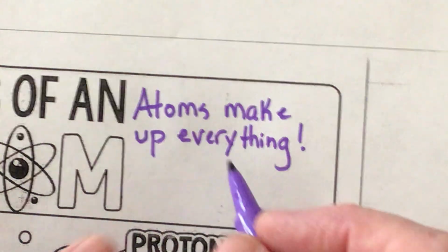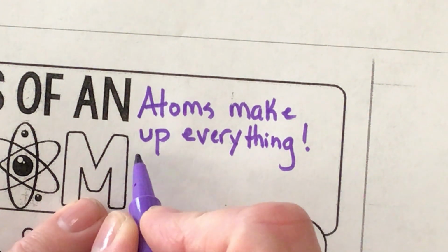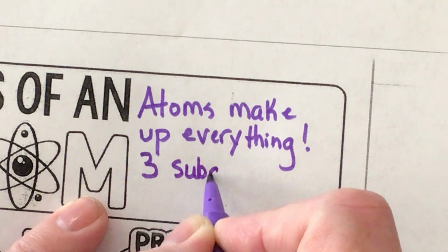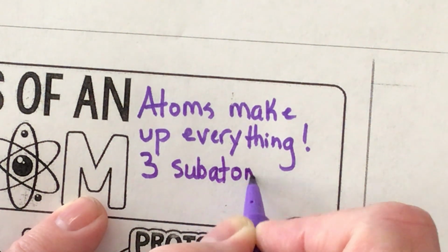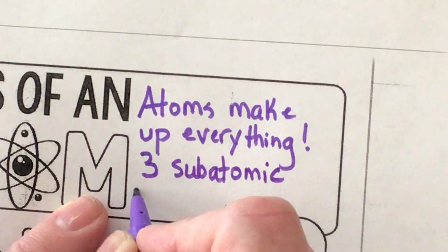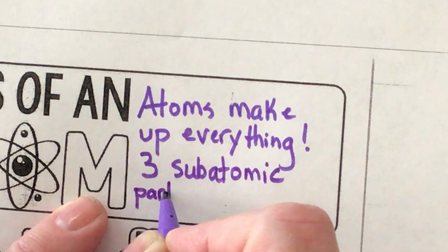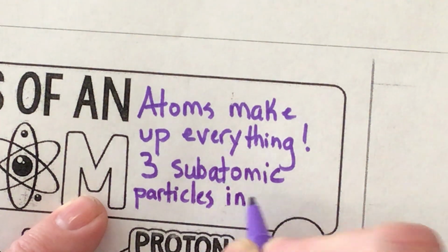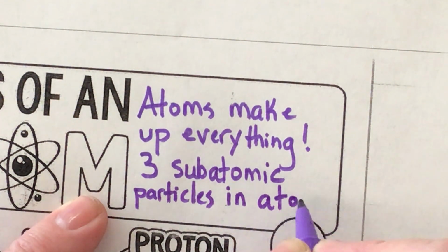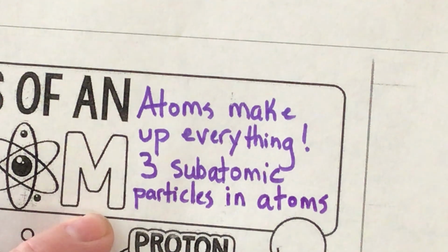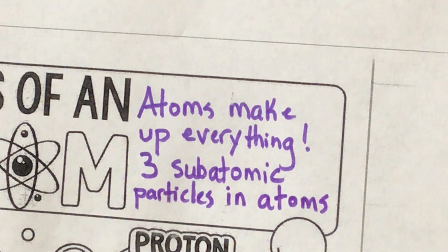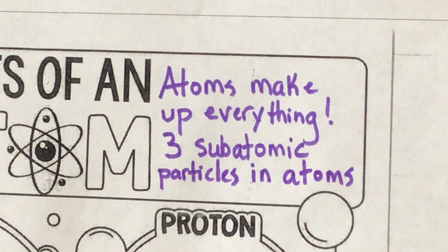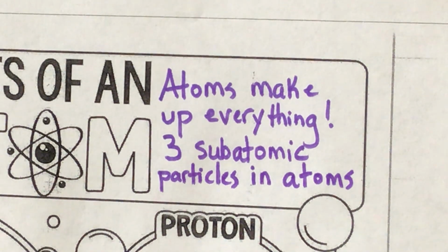So we have 3 subatomic particles in atoms. So atoms have 3 subatomic particles. And we've talked about them the last couple of days.